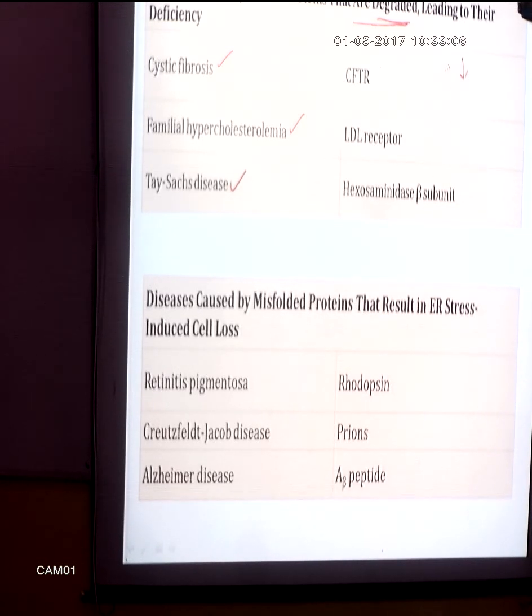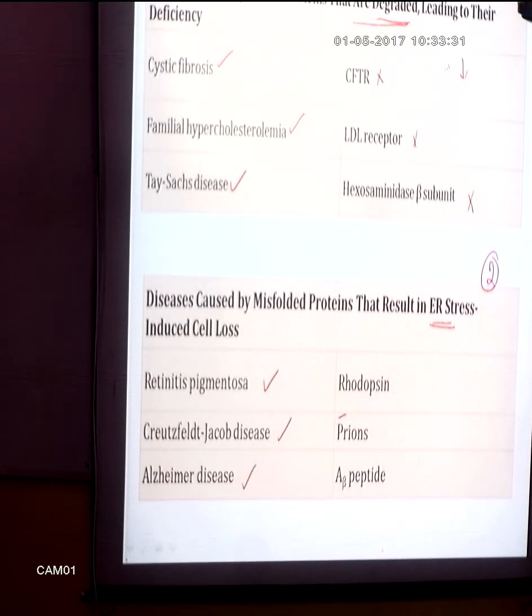So the cystic fibrosis transporter will not be present. The LDL transporter will not be present. The hexosaminidase beta subunit will not be present. They will be lost or degraded because they are abnormal. The second one is ER-induced cell loss. Diseases which have ER-induced cell loss are retinitis pigmentosa, Creutzfeldt-Jakob, that's prion disease, and Alzheimer's.